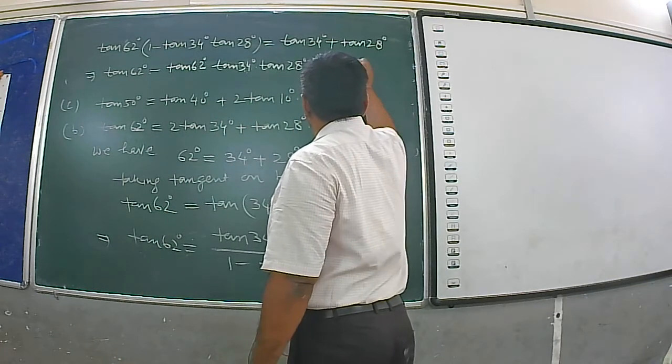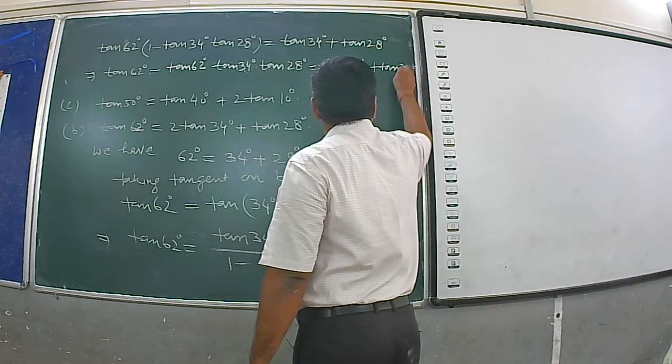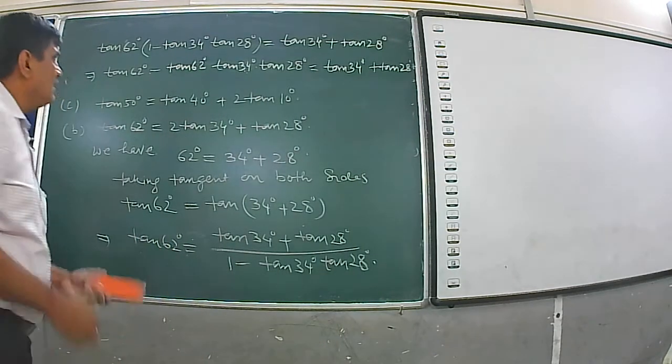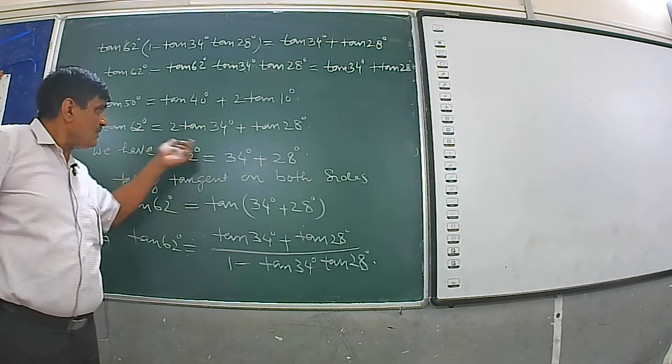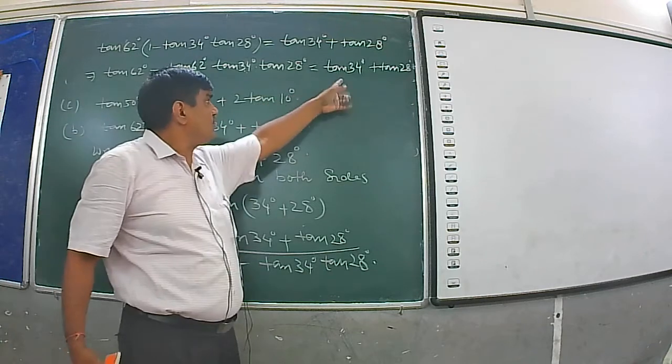Open the bracket. In the proof, right hand side is 2 tan 34, 1 tan 34.